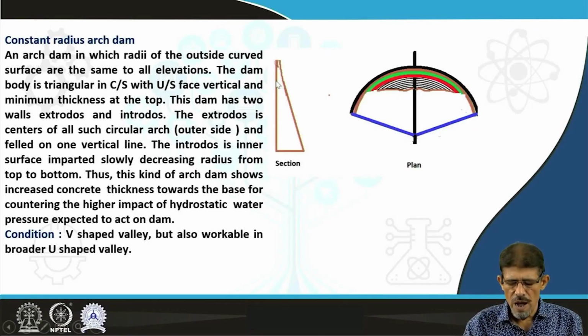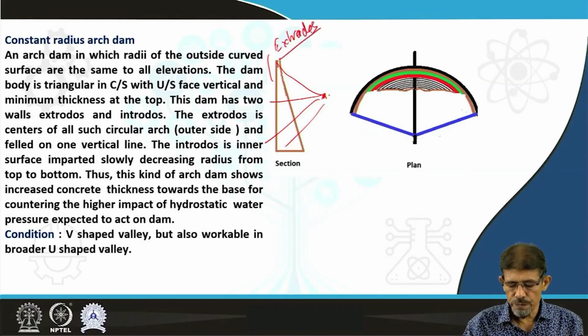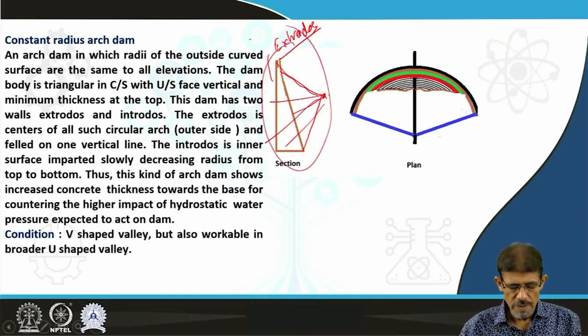Therefore, the overall look of the structure is close to a triangular face. If we measure from this point, then all the radii for this part, the extrados, are the same. However, in case of intrados, this radius may be more, this radius may be more, this radius may be less. So in this way, this varies in case of the constant radius arch dam.